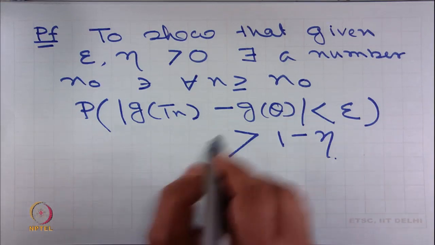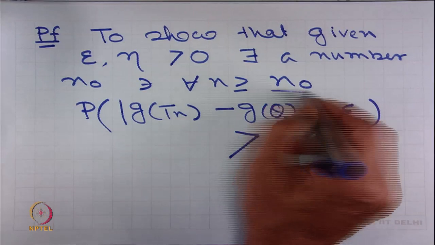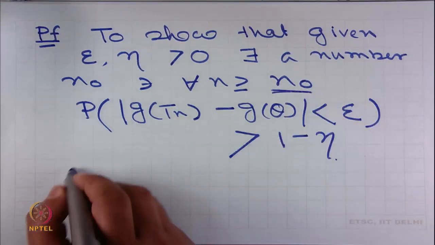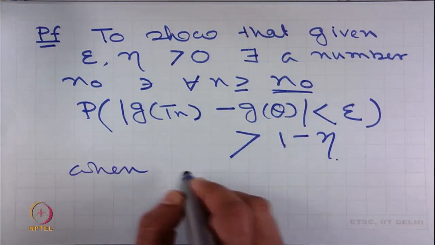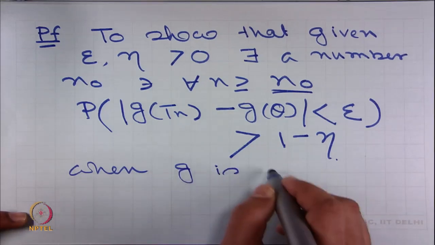So, we have to identify such an n naught when g is continuous.